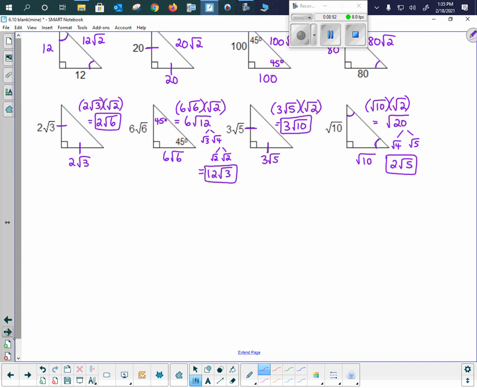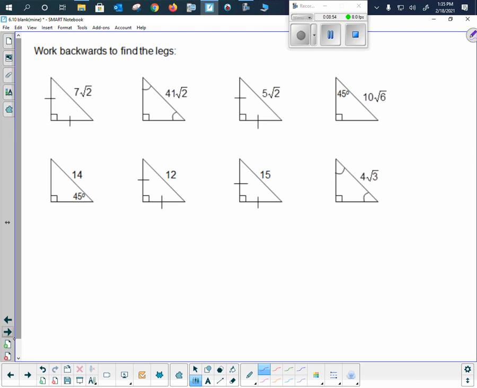Now, working backwards to find the legs if I have the hypotenuse. Okay. This is what you need to have memorized. So if you've got a 45, 45, 90, these two are x. Remember the hypotenuse is x root 2. Okay, so the more you can write that to get that kind of pattern down, the better you are.